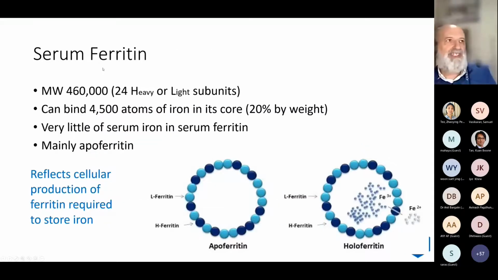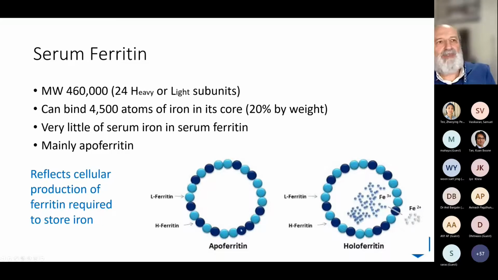Okay, the important test is serum ferritin. And serum ferritin is a very big molecule, much bigger than transferrin. It actually consists of 24 subunits of the ferritin protein, which form a sphere inside which is stored iron. Now, when we measure the serum ferritin, it's usually not these full spheres of iron.